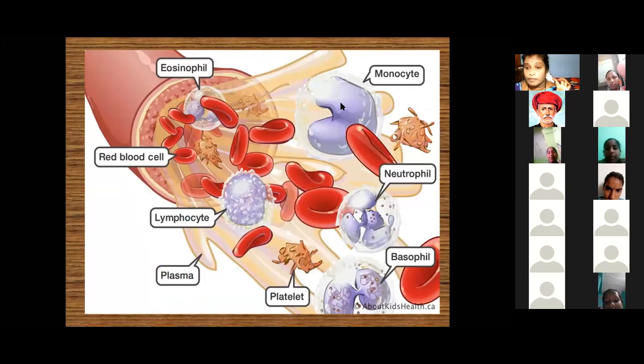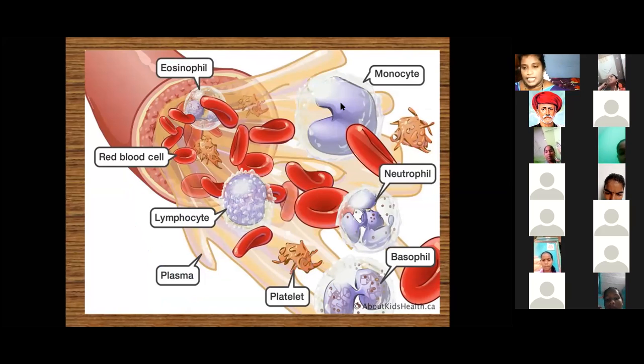White blood cells also form in bone marrow. This is the bone marrow picture. Inside the bone marrow, all blood cells are produced: red blood cells, plasma, and white blood cells.